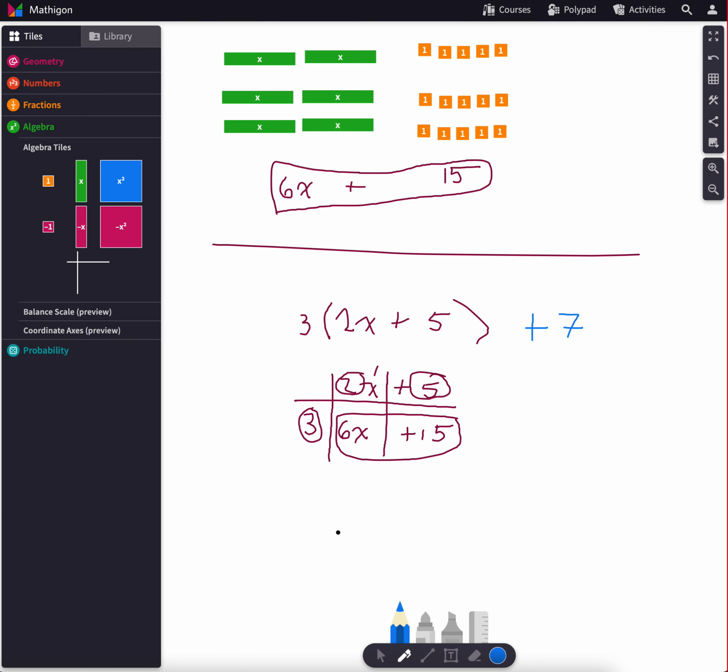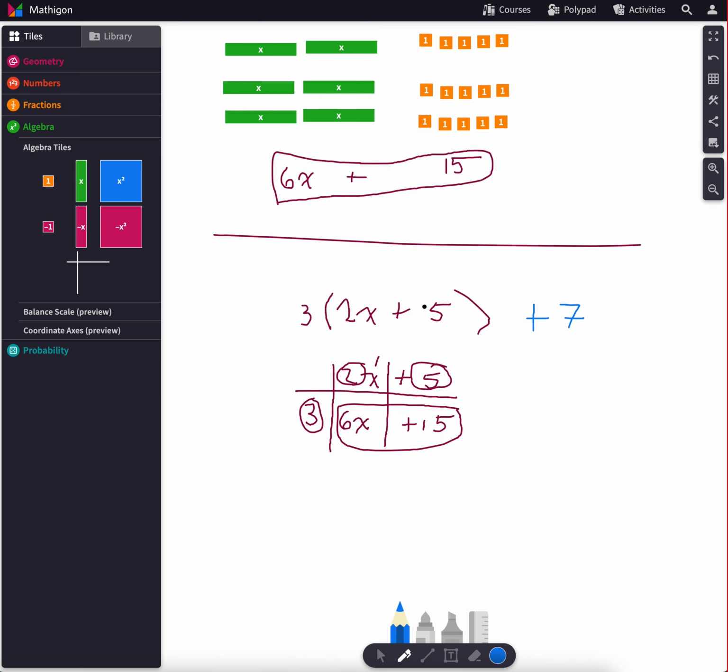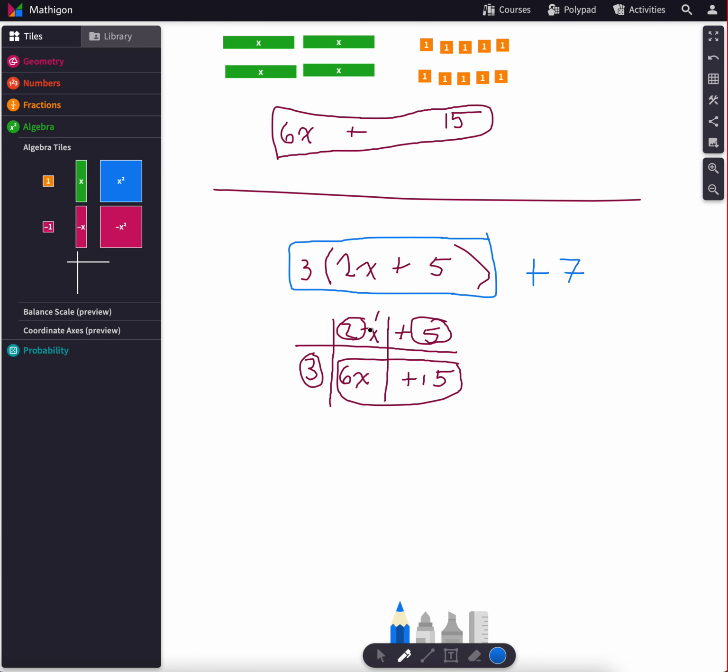All right. So you're going to do this work here, this length and width model. You're going to do that. And then basically what happens is the inside, the area, replaces this box. And you get 6x plus 15.